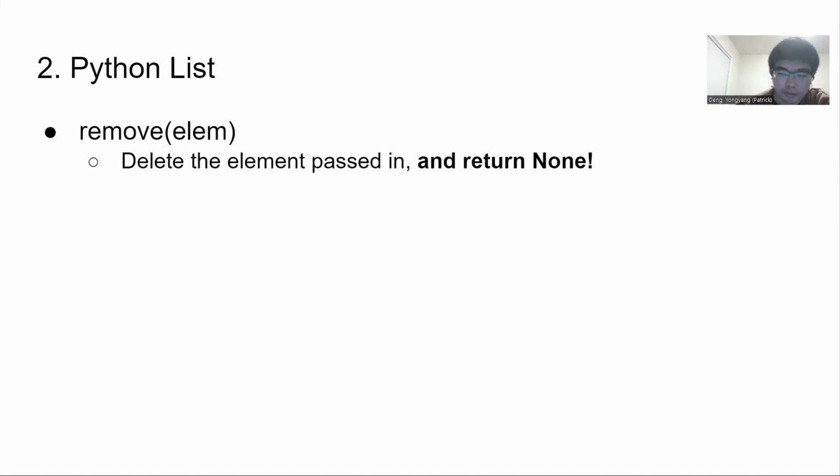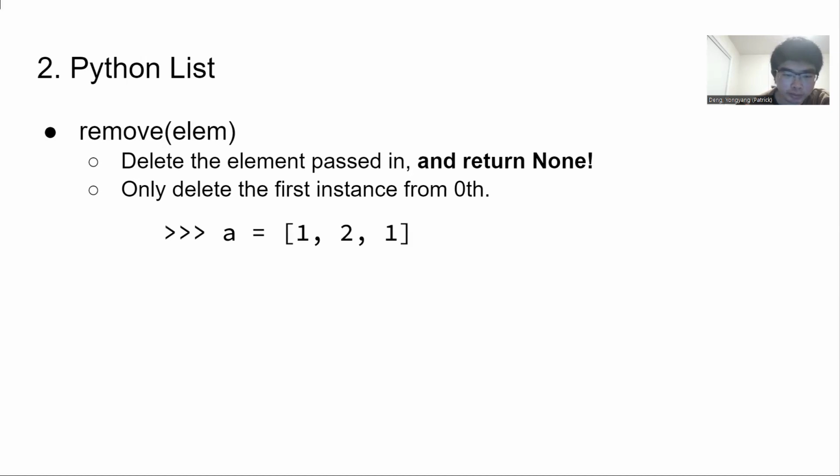For all the methods except pop, everything returns none, but pop returns the deleted value. So remove will return none: you pass in the element, it deletes the element for you, but it returns nothing. It only deletes the first instance from the 0th place.